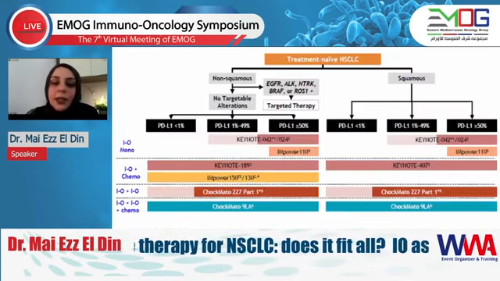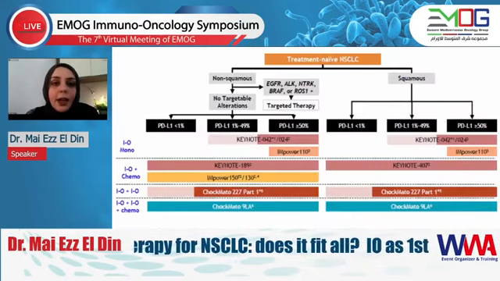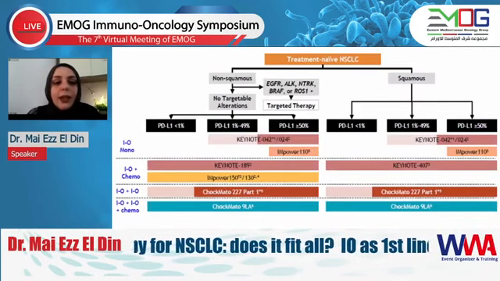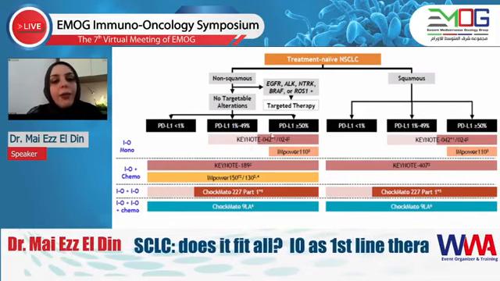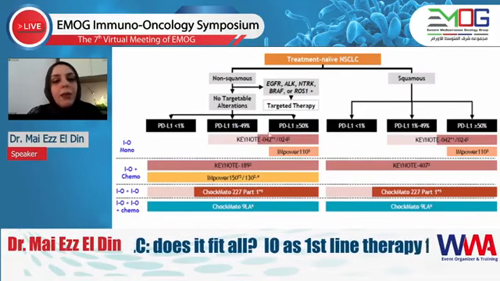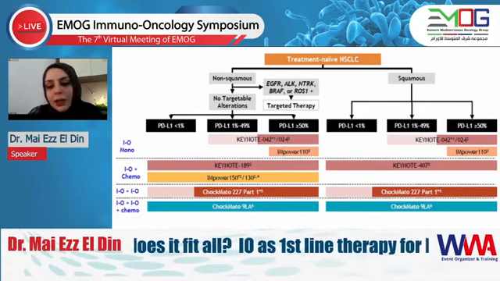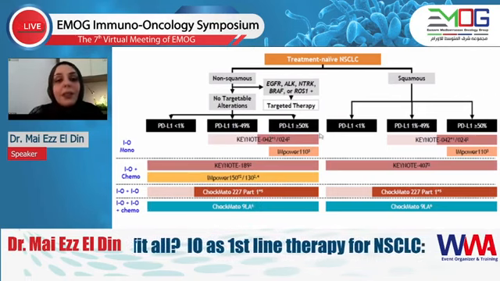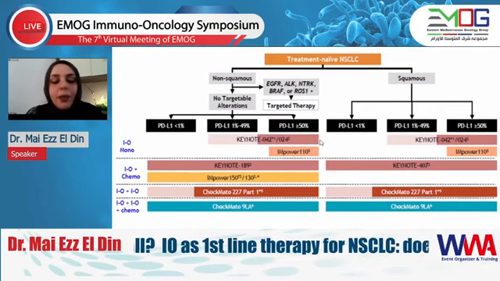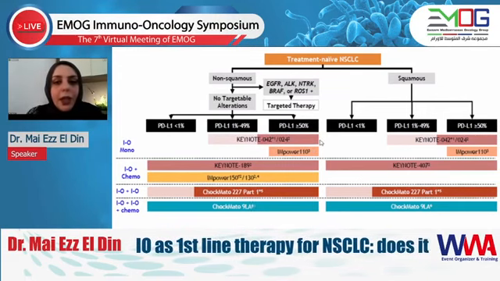So this is a slide of Dr. Martin Reck, of course, and we see that really you can consider IO monotherapy with pembrolizumab or atezolizumab if PD-L1 is more than 50%, and as this was done in December 2020, now you can add to this subset cemiplimab as well, as we've just seen from the guidelines page.